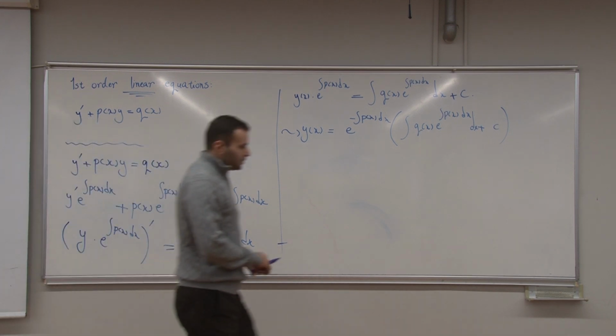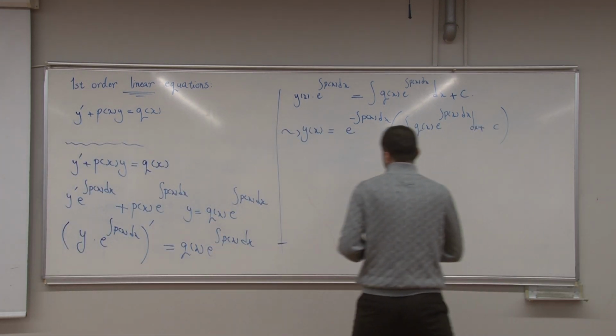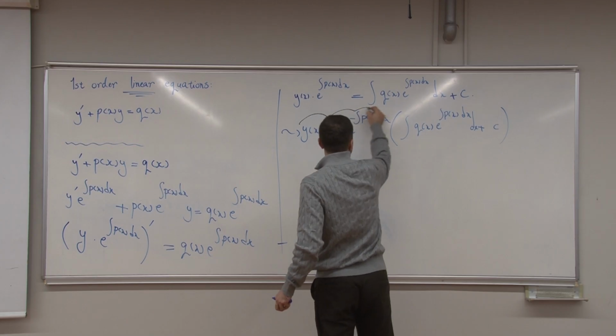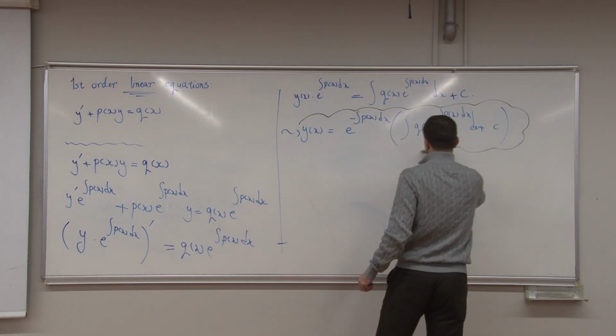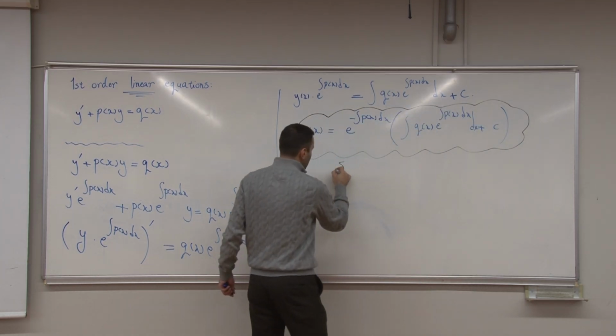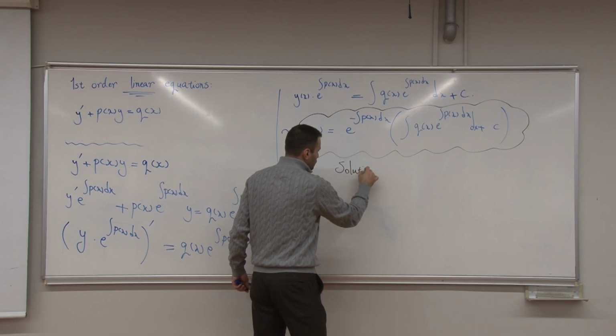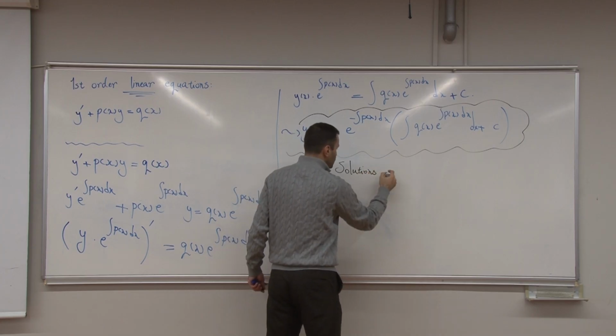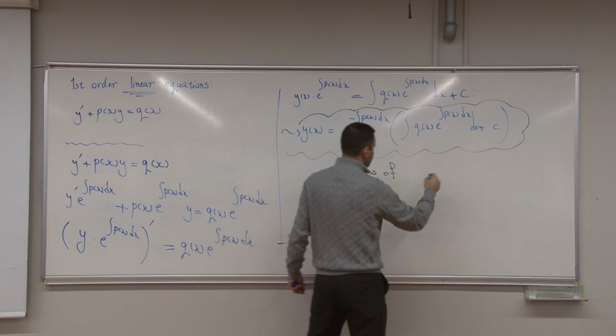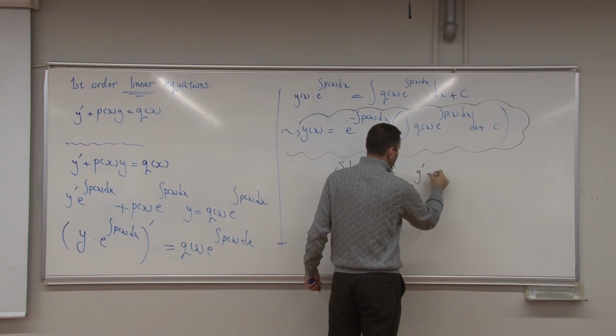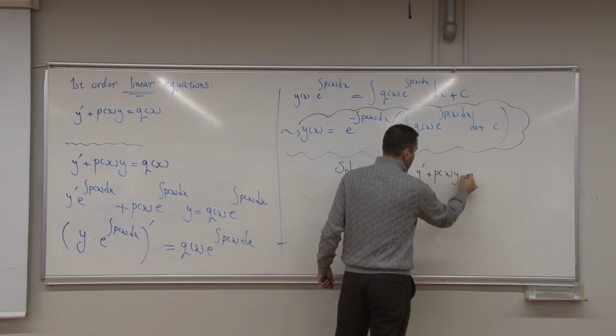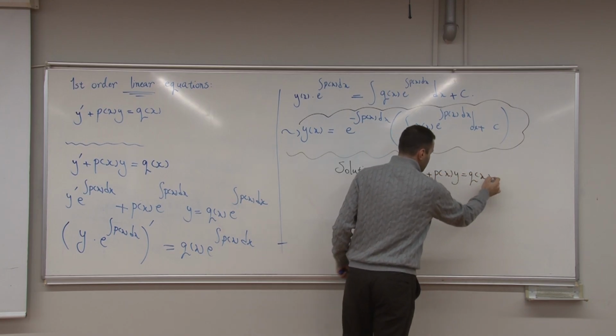This is the general form of the solution of y prime plus p of x y equal to q of x. Okay?